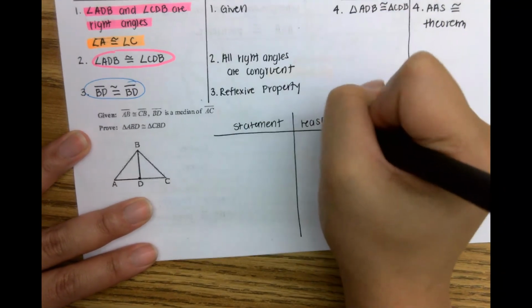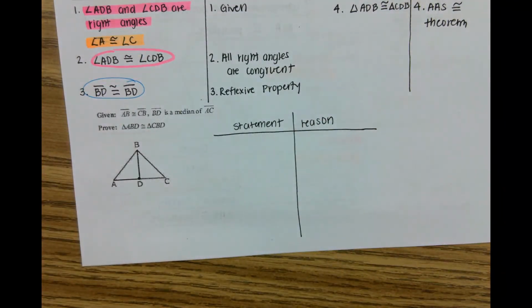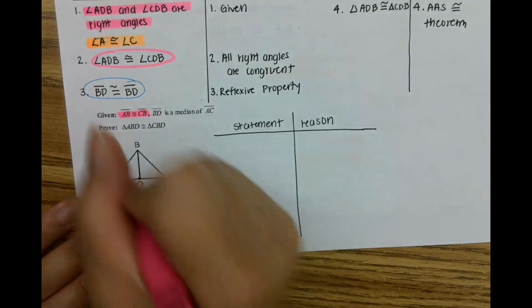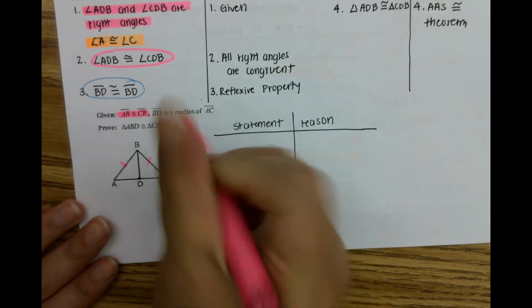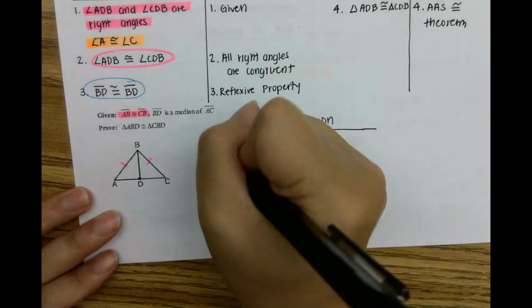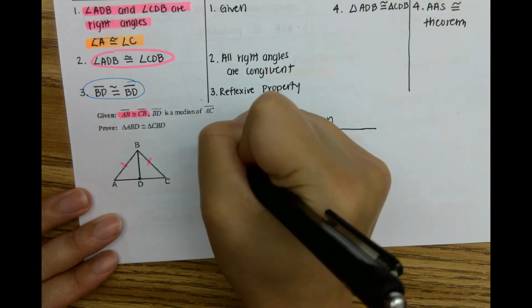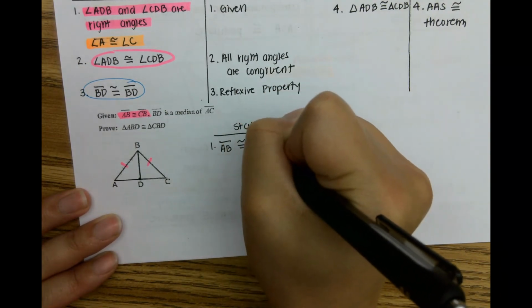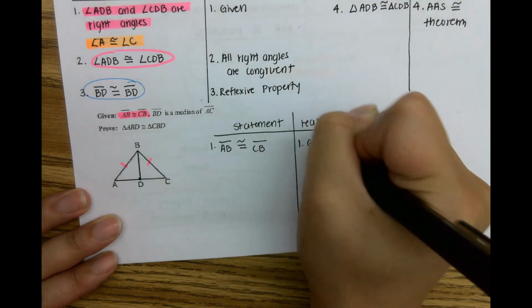We're going to start by understanding what we're given. First, AB is congruent to CB. I'm going to mark it here and write it. The reason I know that is it was given to me.